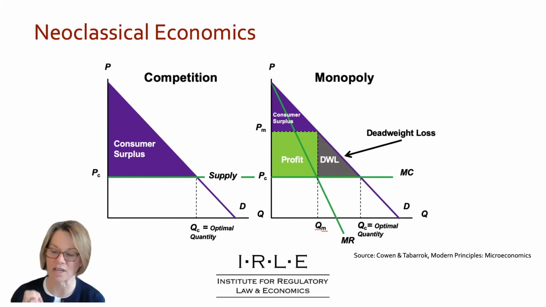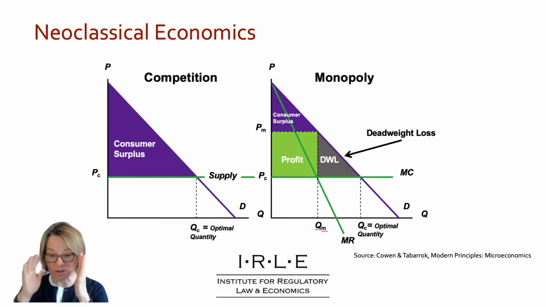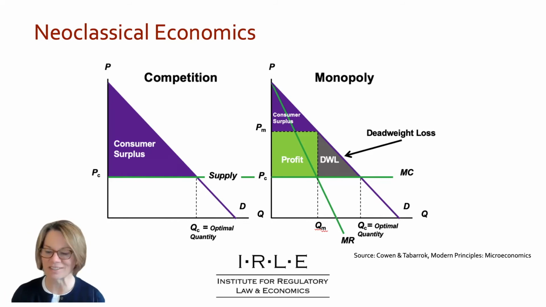Deadweight loss is a relative concept. It's always with reference to the competitive benchmark model. And remember that these are two stylized extreme cases. The reality, of course, is muddier and falls somewhere in the middle, but we use these two extreme cases to help us identify some of the systematic frameworks when we think about markets.